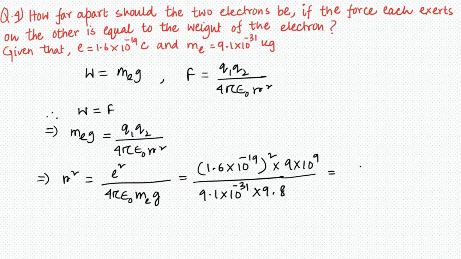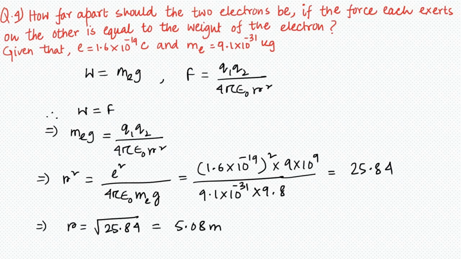After calculating this, we'll be getting 25.84. So r is equal to square root of 25.84, which is equal to 5.08 meter. So this is our answer. So the distance of these two electrons would be 5.08 meter.